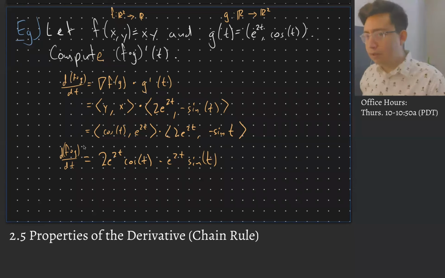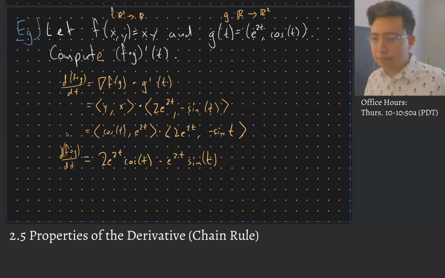Any questions about that? Again, we use the chain rule to turn this into just a dot product of these two matrices here.